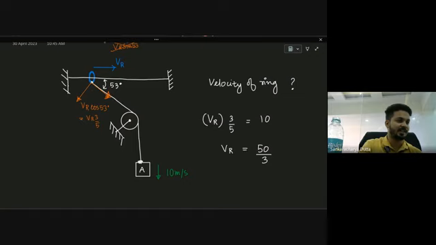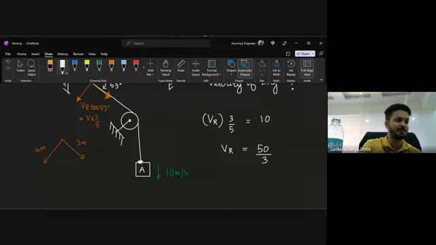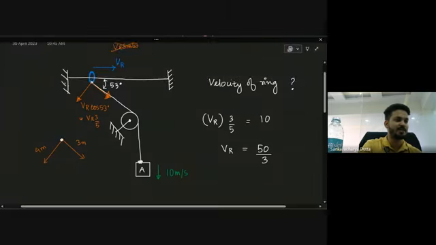Now tell me this. If you go 3 meters in this direction and 4 meters in this direction, where do you end up? Just a random question. If you start from here, you go 3 meters in this direction, 4 meters in this direction.